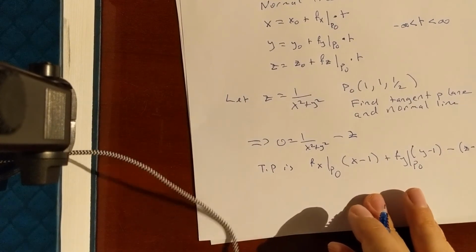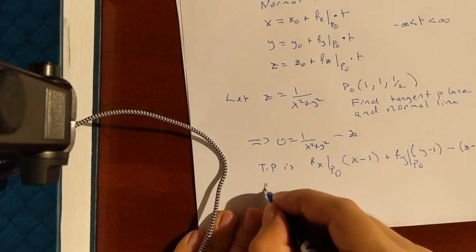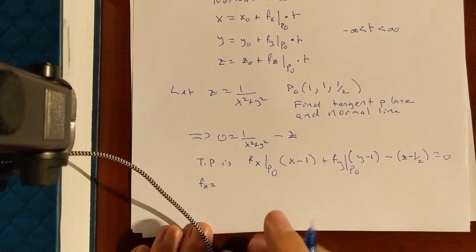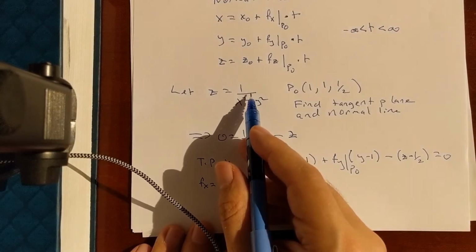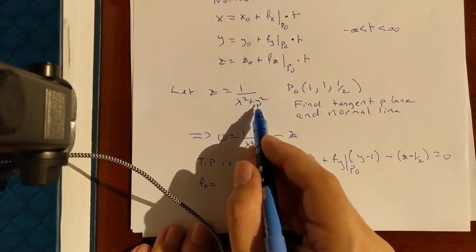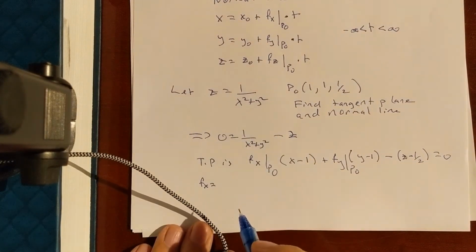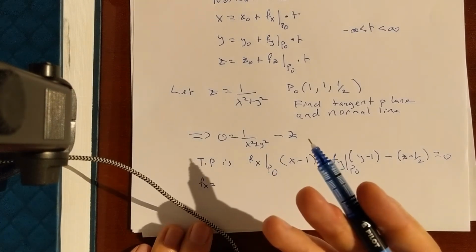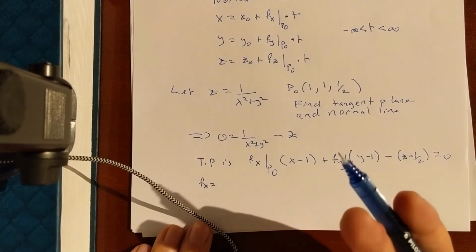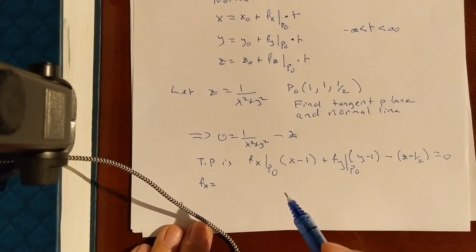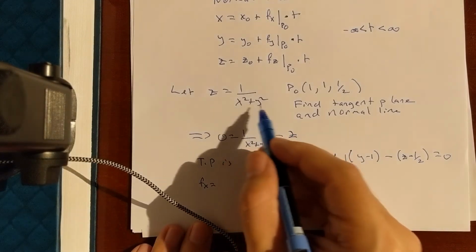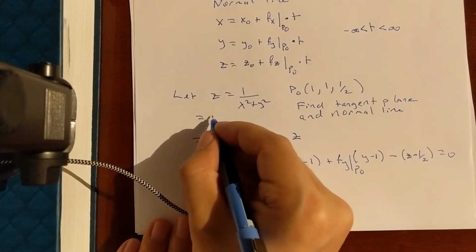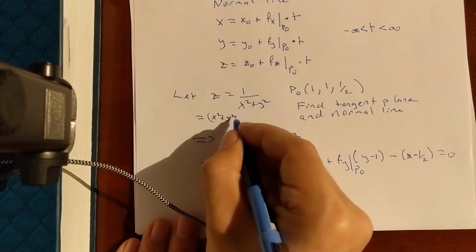Let's calculate f sub x. We have 1 over x squared plus y squared. Remember, when I'm doing f sub x, y is like a constant for me, so I'm going to treat it as just a number. Let me write it like this so that you don't get confused: it's actually (x squared plus y squared) to the minus 1.